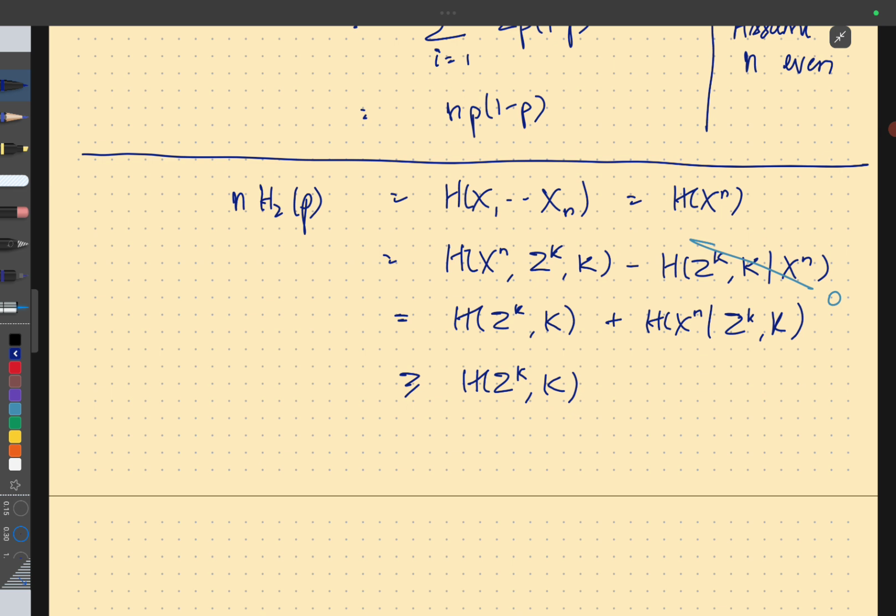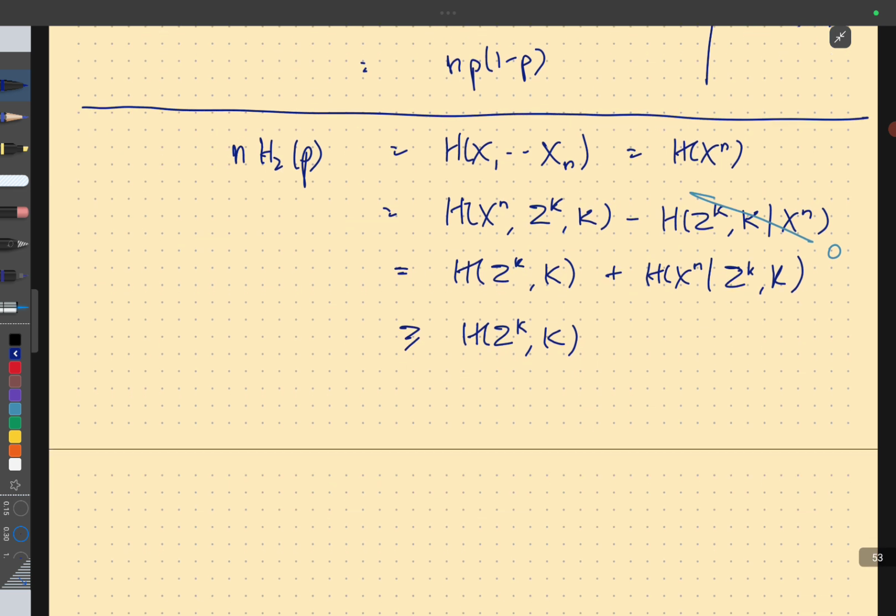Entropy is non-negative. Okay, so I'll write this as H of K plus H of z^K given K.